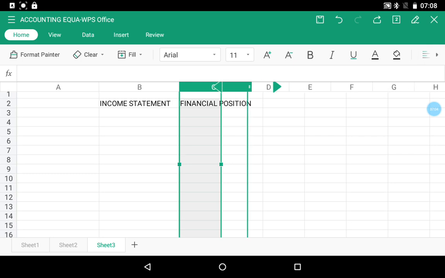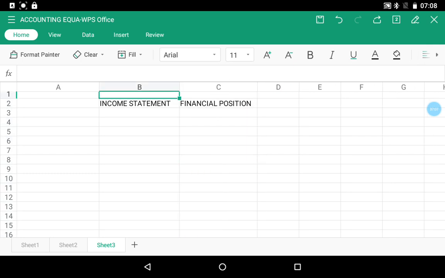This is a summary of the end of year adjustments.